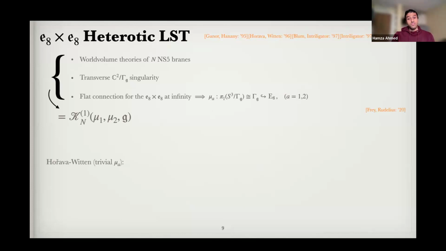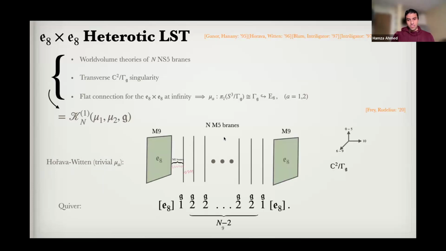Furthermore, there is a nice realization of these theories in the Hořava-Witten picture. So via heterotic M-theory duality, with trivial flat connections, this looks something like this. Now these theories arise as the world volume theories of M5 branes probing the same kind of singularity, and there are M2 branes that stretch between them, which then lead to the strings that I talked about earlier in the theory.